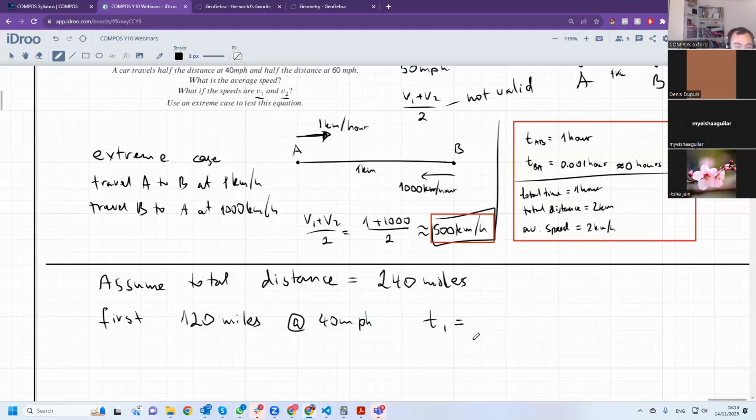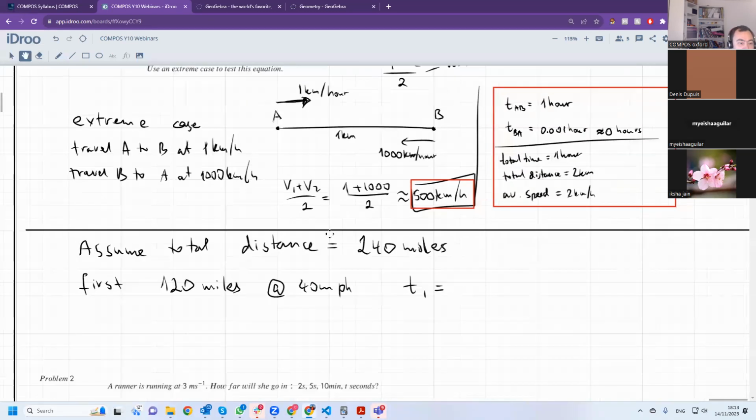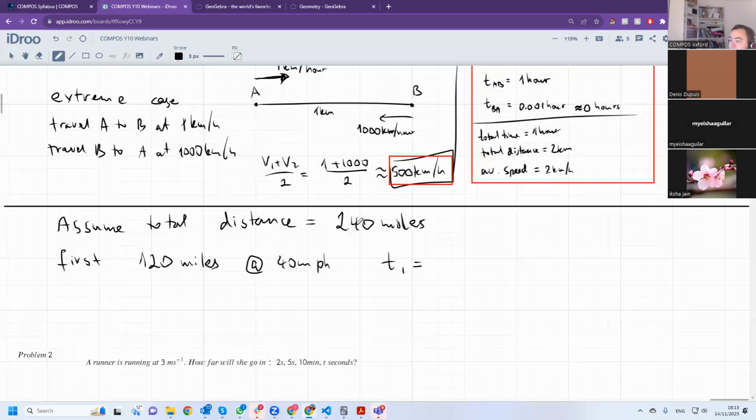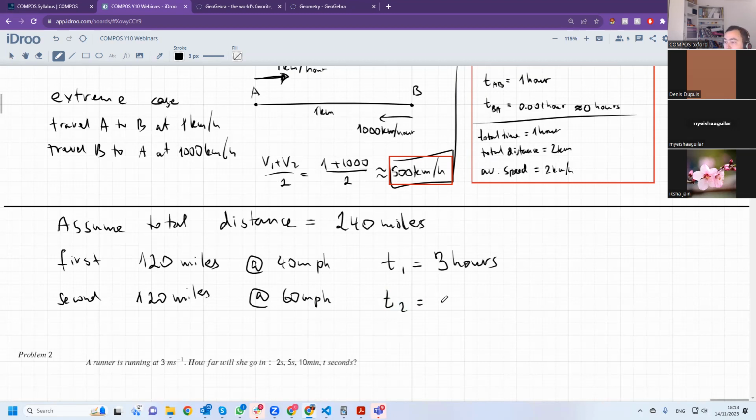How long does it take for the first half? 120 miles, yes, 3 hours. And then 120 miles at 60 miles an hour, and the time is 2 hours.